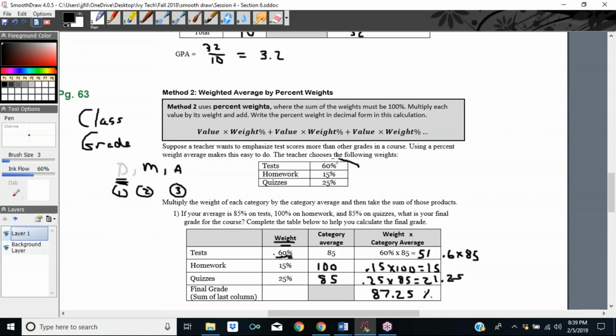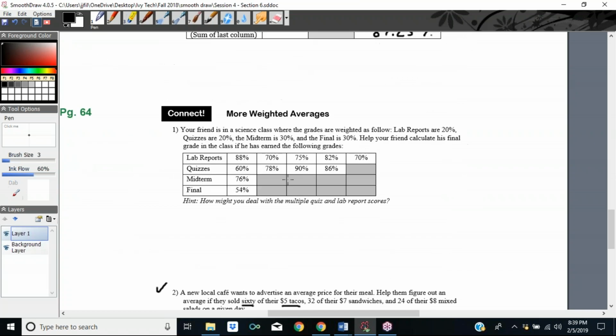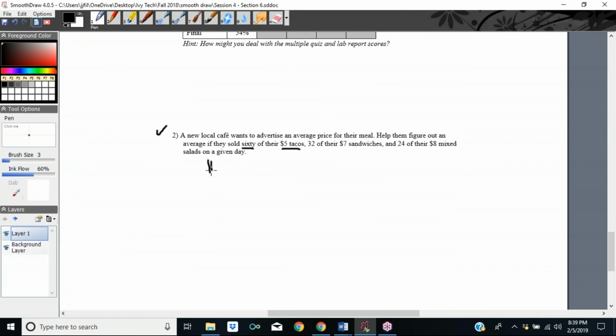So there's no percentage like there is in method 2. So number of credits times its value. So number 2 is number times value. And then each one, plus, and then the same thing, plus, and then divided by the total number.